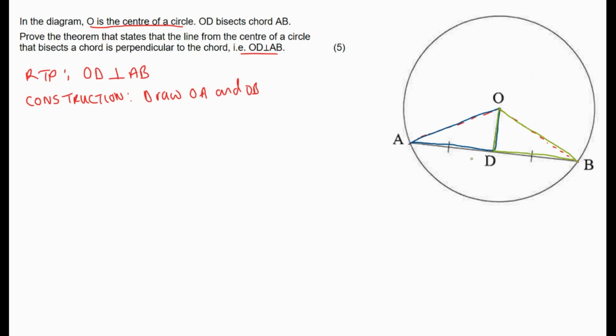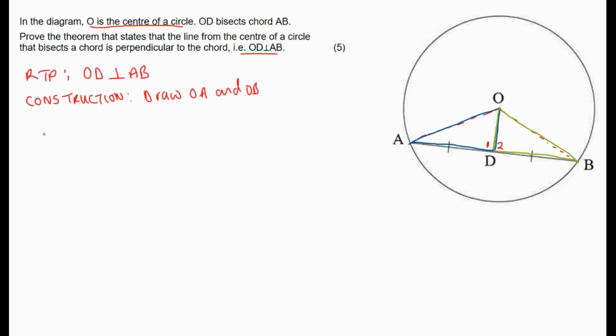And then from congruency, we can find the equal angles or the equal sides. But here we want to prove that OD is perpendicular to AB. So you have to prove that this angle D1, let's call it D1, is 90 degrees, and angle D2 is also 90 degrees. We have to use congruence to prove that, and later on we're going to use adjacent angles on a straight line, because ADB is a straight line.